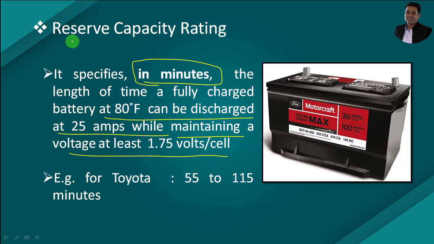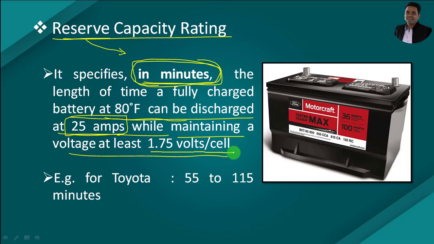So the reserve capacity, as its name suggests, reserve, means stored. Reserve capacity indicates the amount of current supplied for a particular period of time, under the condition that the battery is at 18°F temperature and must be able to deliver 25 amperes of current while maintaining a voltage of 1.75 volts per cell.